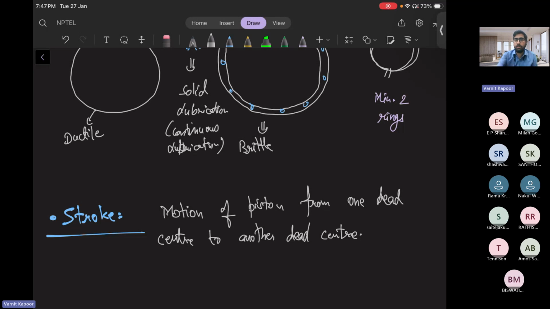Movement ends at that position. Okay, but then we should have said top end center or bottom end center. Why do we call it dead?